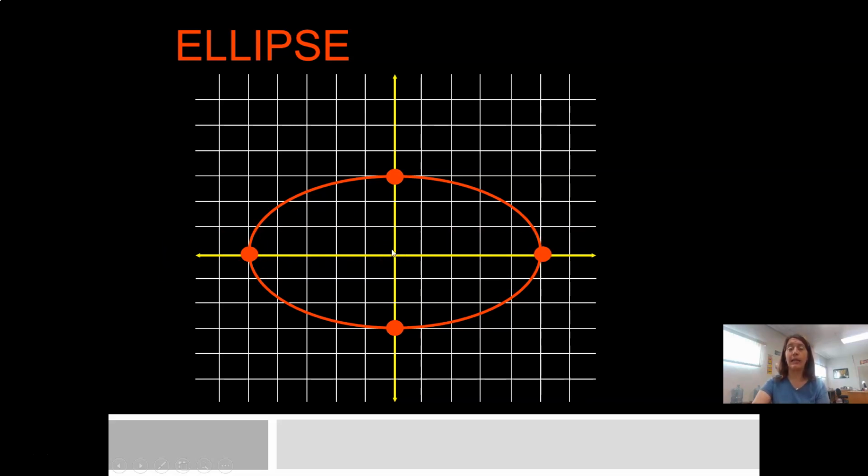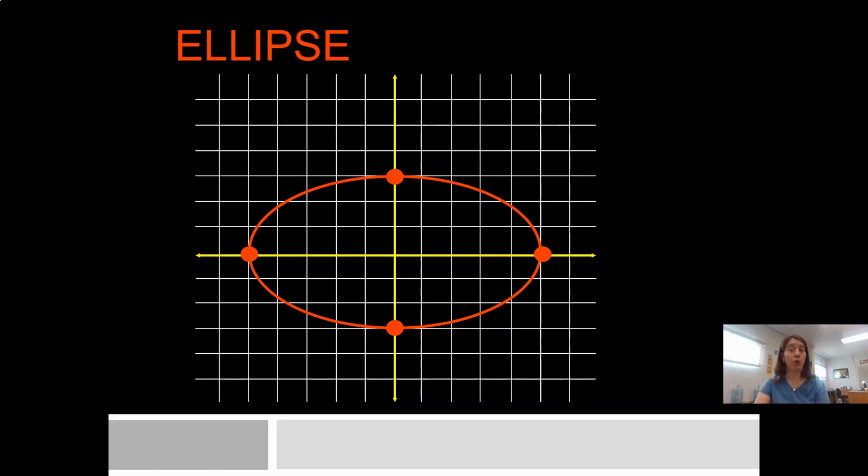Same idea for the y. The number that was associated with the y was 3. So we went up 3 spaces, we went down 3 spaces, and then we were able to connect them, and that's what our ellipse looks like. It's a flattened circle, because I took the top and bottom of the circle and squished it in. Now it's stretched out further to the side, so it looks like our oval in the question.